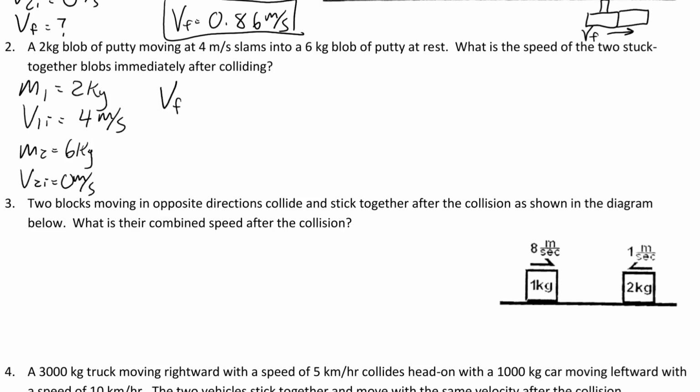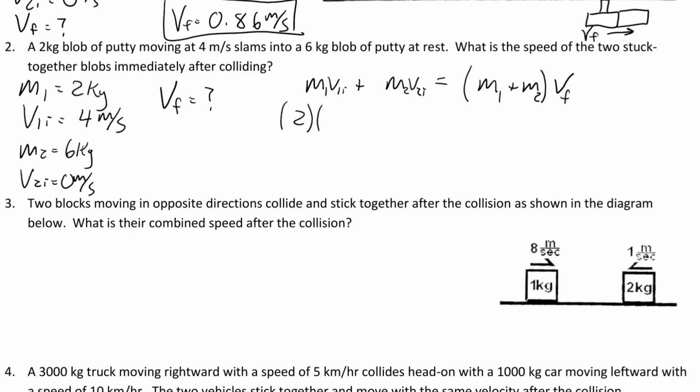So they stick together, they're moving with the same velocity. What is that velocity? So you write down your equation. Initially, they're separate, so MV plus MV. Then they collide and their masses combine and they move with the same velocity. So this is the momentum of the first object initially, this is the momentum of the second object initially, and then they combine together and move with the same velocity.